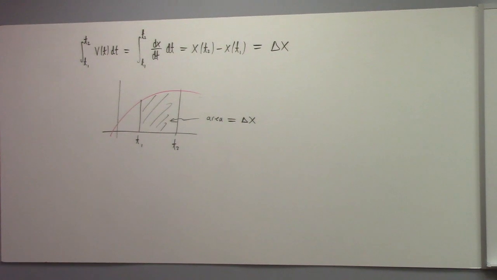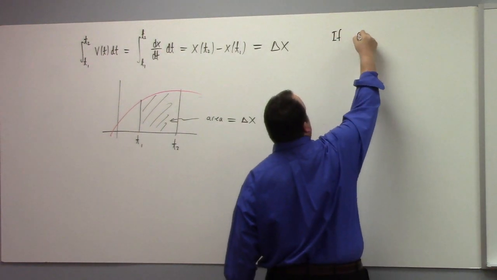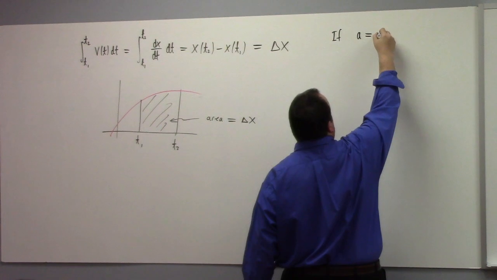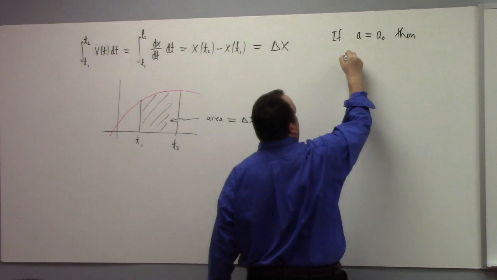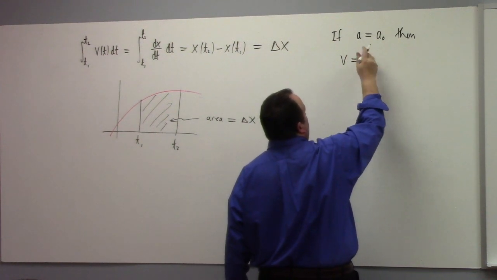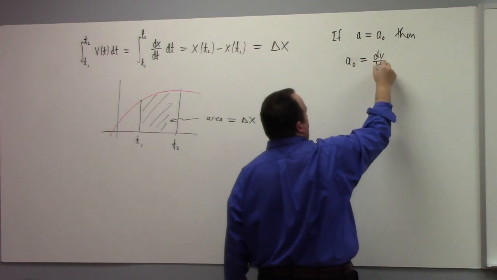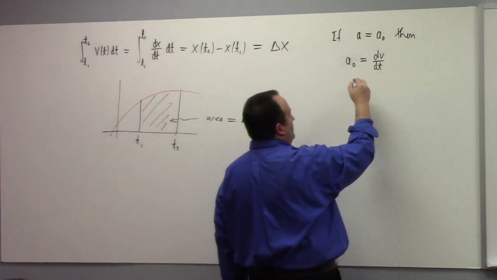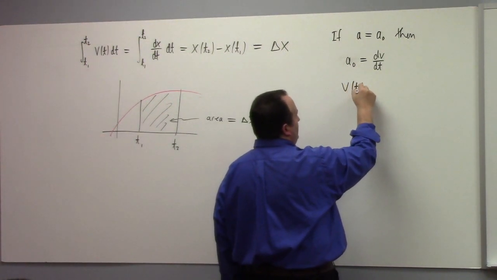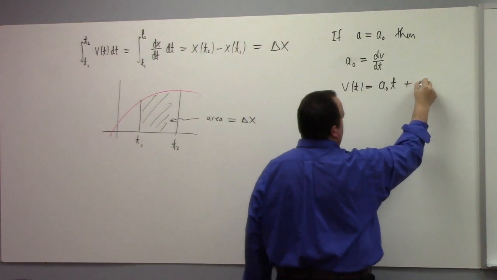All right, let me just take a breath and derive some things here, because they're kind of important. If acceleration is constant, then we have a sub 0 equal to dv/dt. Then we can integrate that. It gives you the velocity at time t equal to a sub 0 times t plus some constant.